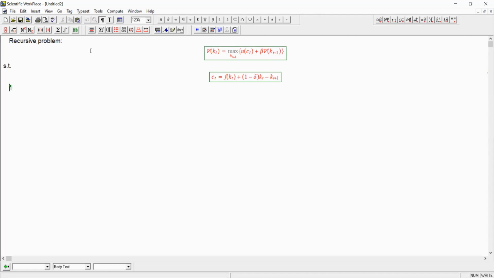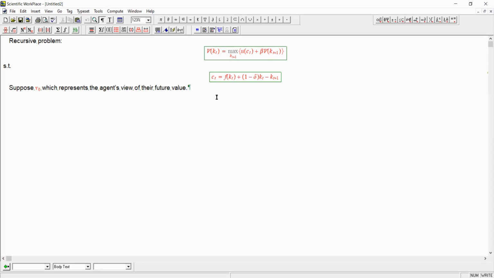Now, what we discussed last time was that we could suppose, even though we don't know what this V is yet, we can propose a candidate. So let's take a candidate V0, which represents the agent's view of their future value. In other words, if they have kt plus 1 left over, then V0 of kt plus 1 will take the place of this V in the future here.